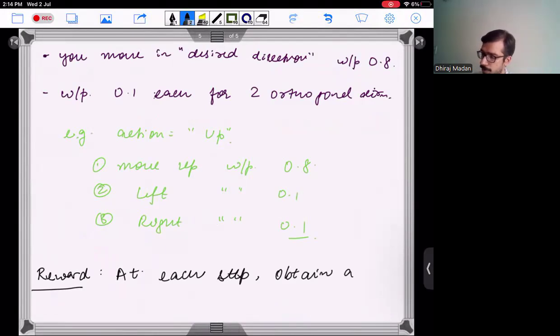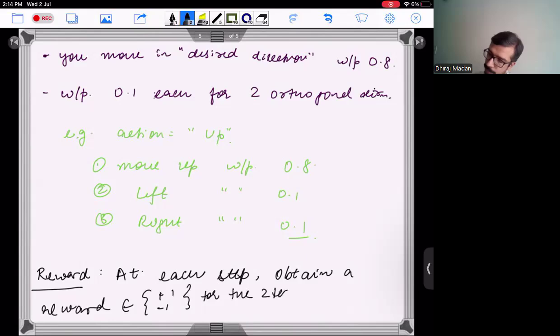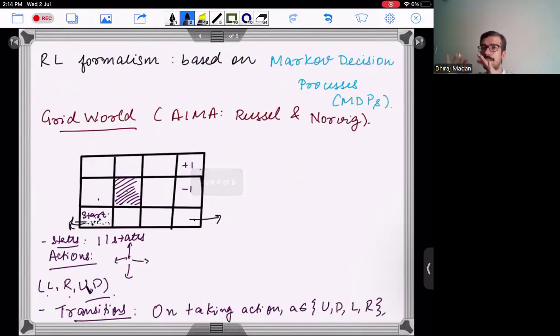you obtain a reward. So this reward is +1 and -1 for the two terminal cells. By the way, if you reach one of these two terminal cells, then essentially you will stay wherever you are and the game ends here.